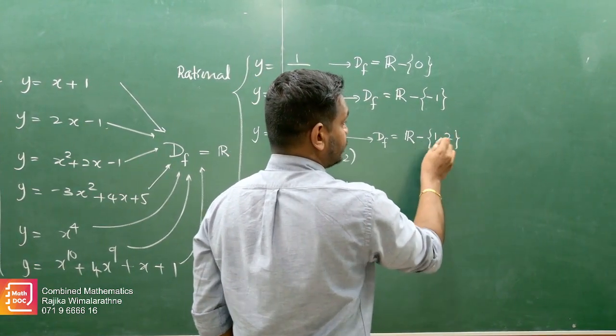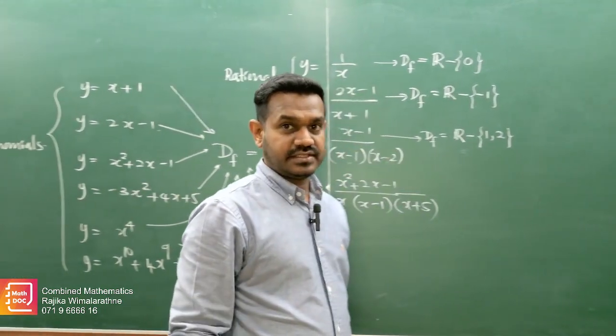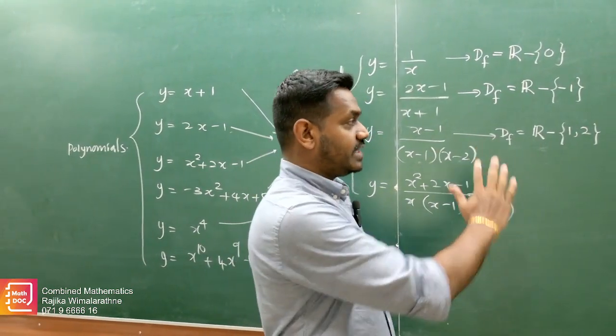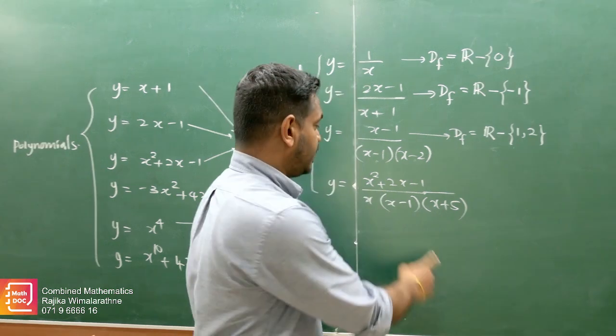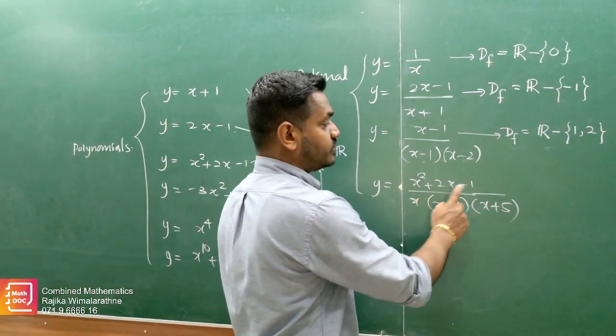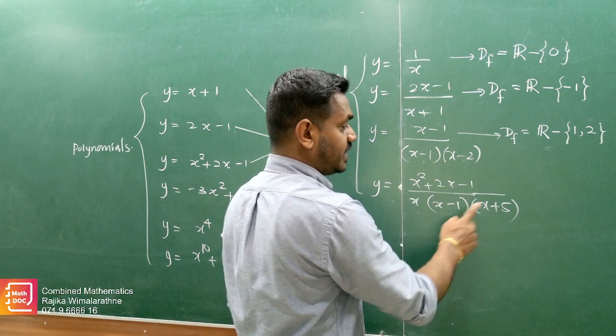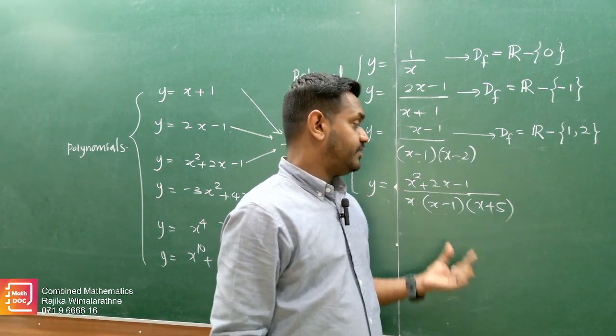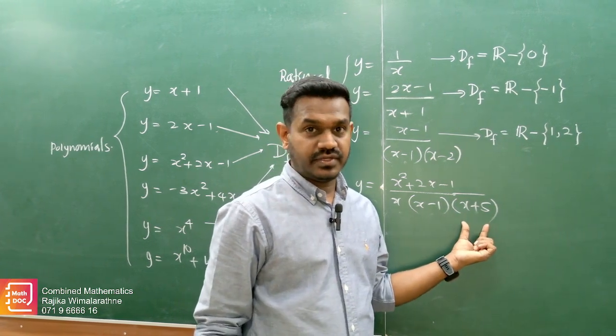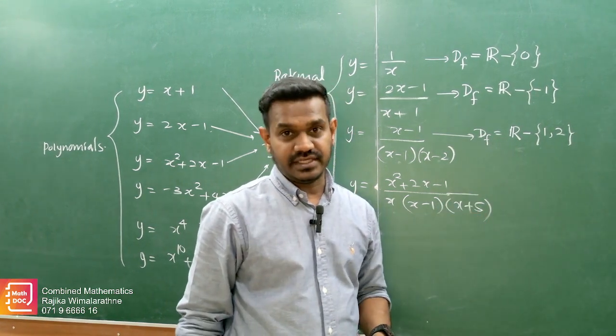You remove 1 and 2. That represents set difference. Likewise, you can get domains. Then for y equals (x squared plus 2x minus 1) over (x(x minus 1)(x plus 5)), we have denominator zeros 0, 1 and minus 5. You need to remove those.